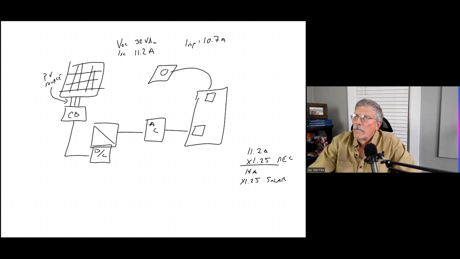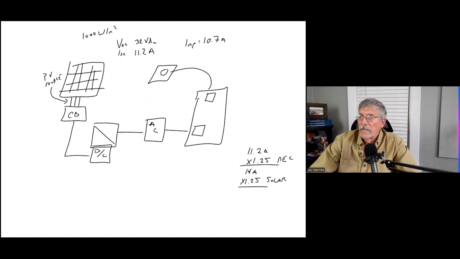The logic there is all of these numbers are based on 1,000 watts per square meter. But we know that at the outside edge of the Earth's atmosphere, the sunlight has about 1,300 watts per square meter, and I've gone out on a clear winter's day and gotten readings of like 1,200 watts per square meter.